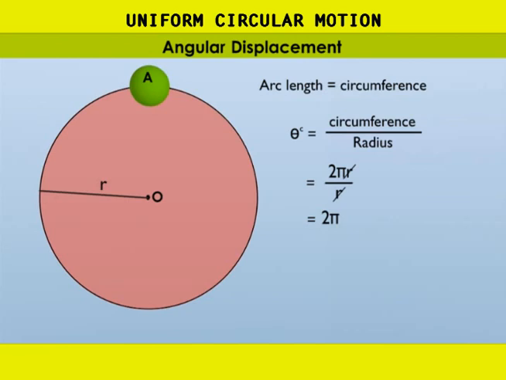Remembering that a complete revolution is equal to 360 degrees, then 2 pi radians is equal to 360 degrees. Dividing both sides by 2 pi, it means 1 radian is equal to 57.3 degrees. And you can always use this relation to interconvert between radians and degrees.